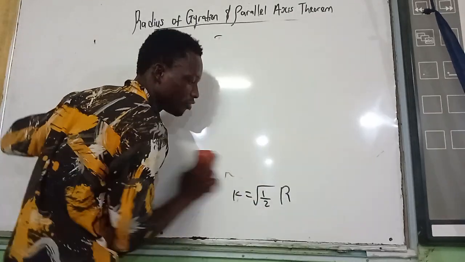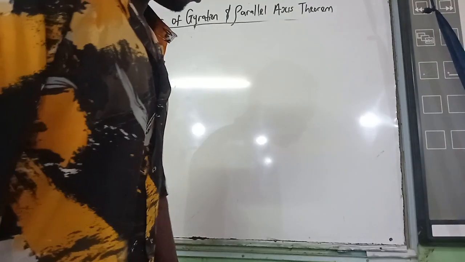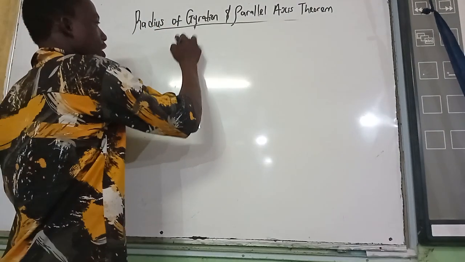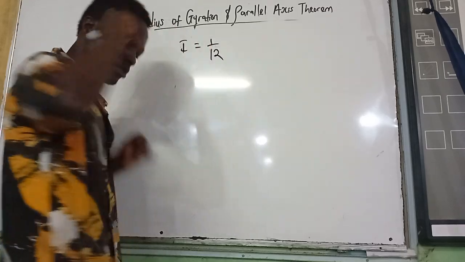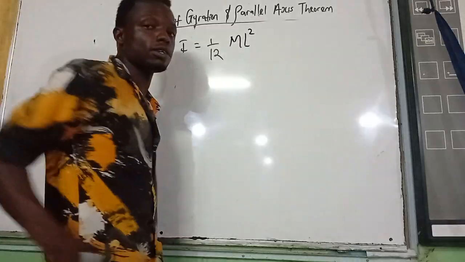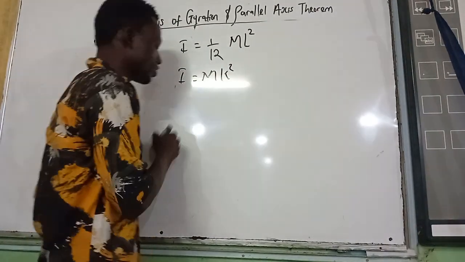Let's say a thin rod that is rotating about its center. I equals 1 over 12 ml squared. I think I'm right about that. And I equals Mk squared, where k is the radius of gyration.